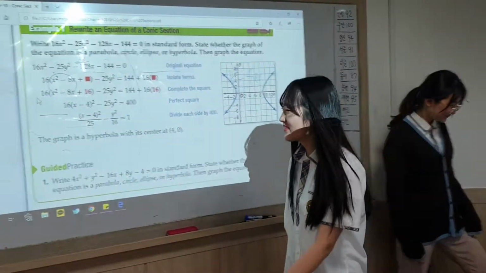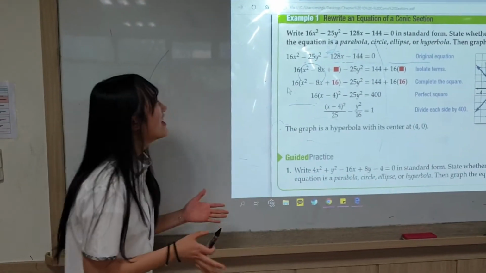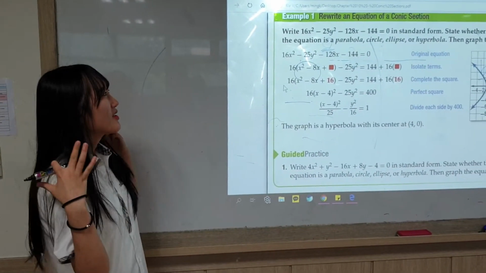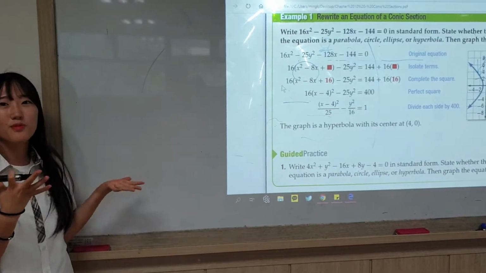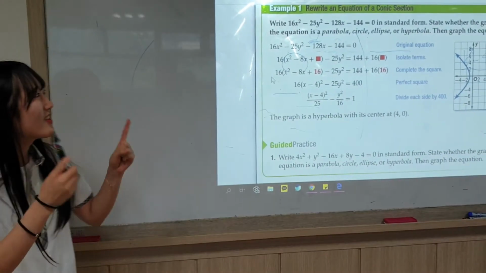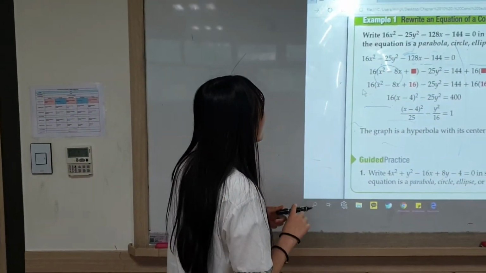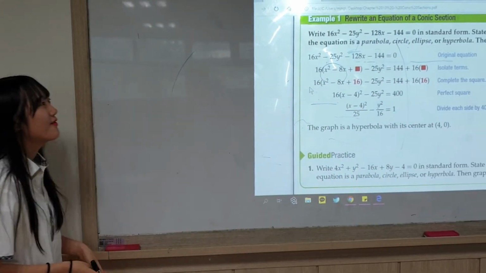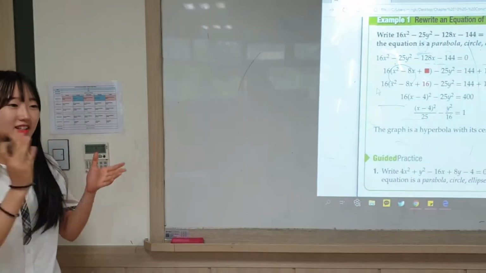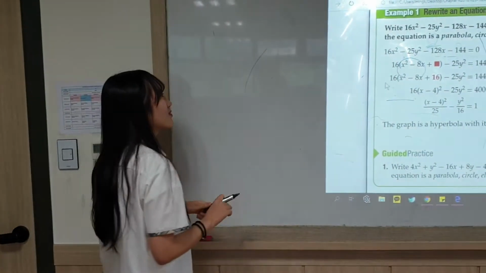Hello, I'm going to solve example 1, and we have to write this equation in standard form and figure out whether this equation is a parabola, circle, ellipse, or hyperbola. So there's the equation, and first we have to organize x with x, y with y, numbers with numbers.